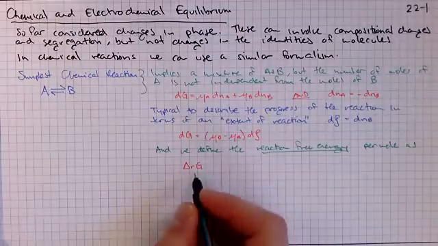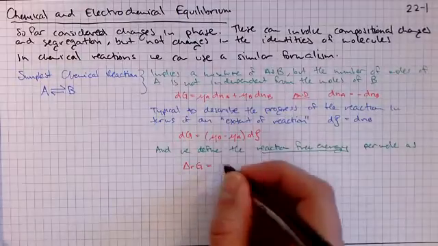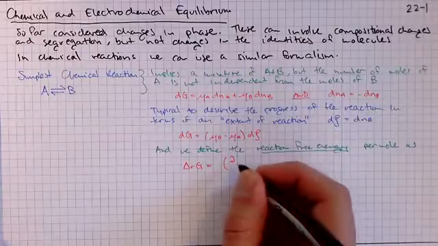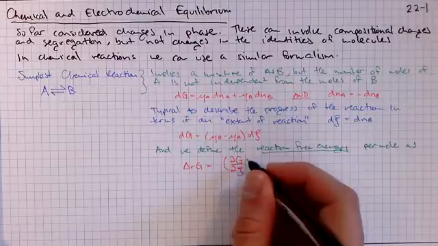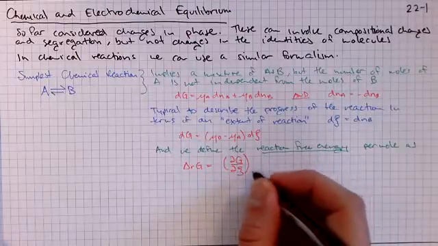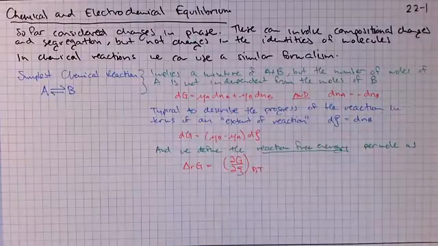Remember this is per mole, and that's going to be the partial derivative of the free energy with respect to the extent of reaction, which has units of mole, at constant pressure and temperature. Okay.